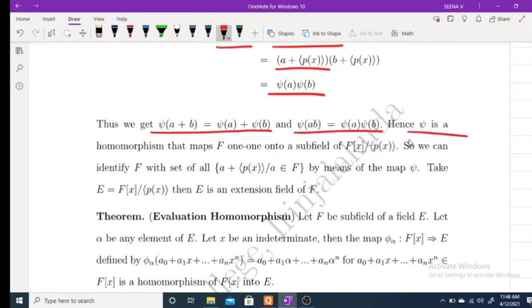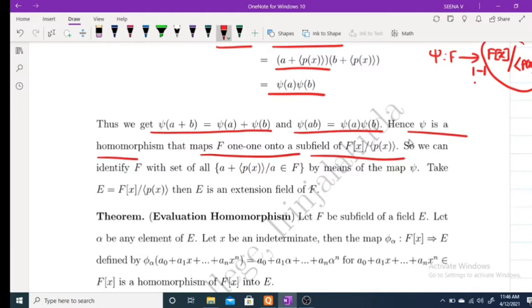Hence psi is a homomorphism that maps F onto a subfield of F[x] over the ideal generated by P(x), because psi is a map from F to F[x] over the ideal generated by P(x). This is 1 to 1. Also, it is a homomorphism. Therefore, F is isomorphic to a subset of this field, which is a subfield.